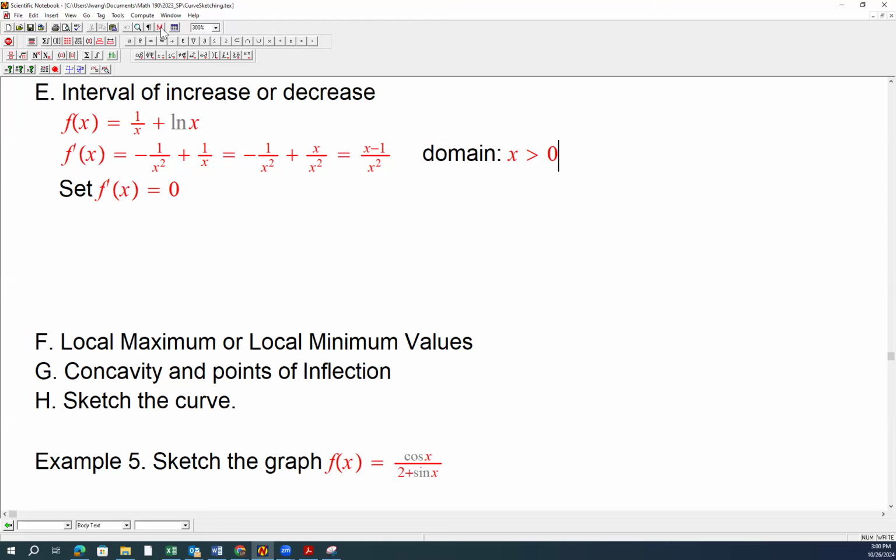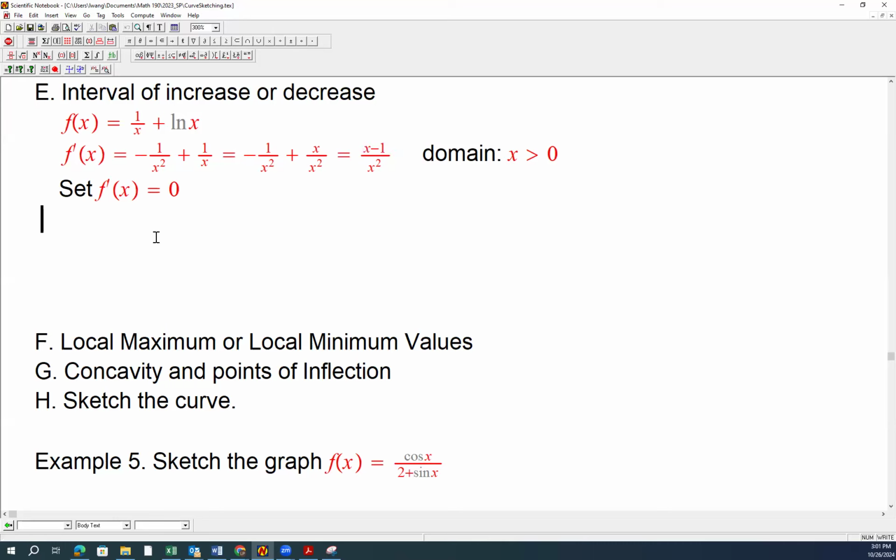for critical numbers where the derivative does not exist. Okay, so you can see where the derivative does not exist from this form is 0, right? Well, 0 is not in the domain in the first place. So we set the derivative equal to 0, and we have the fraction form for the derivative, where the denominator cannot be 0.